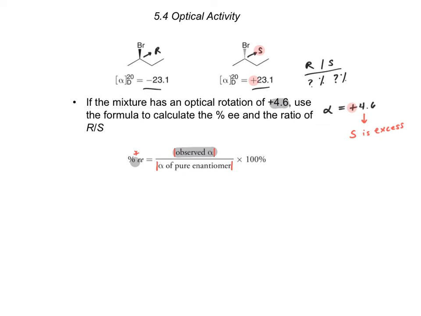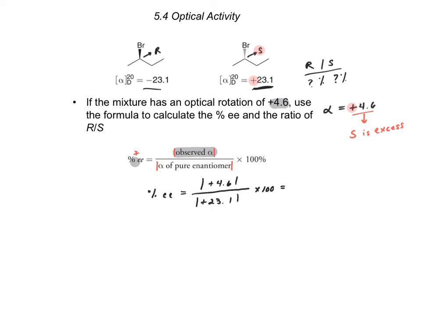So for this solution, we have an observed rotation of this positive 4.6. To calculate this percent enantiomeric excess, we're going to take that 4.6, and again, do the absolute value of it, and divide it by the specific rotation of the pure enantiomer, which is this guy up here, 23.1. We're going to take the ratio of those two and multiply it by 100.